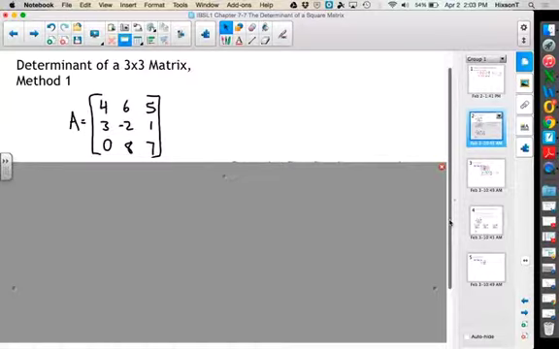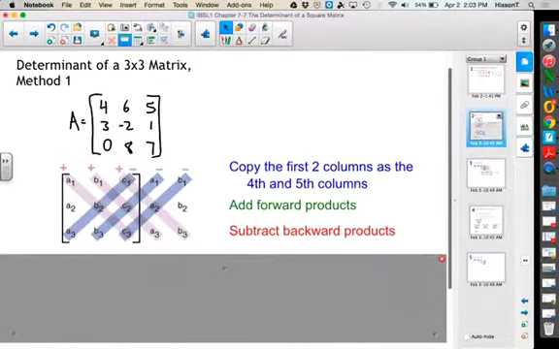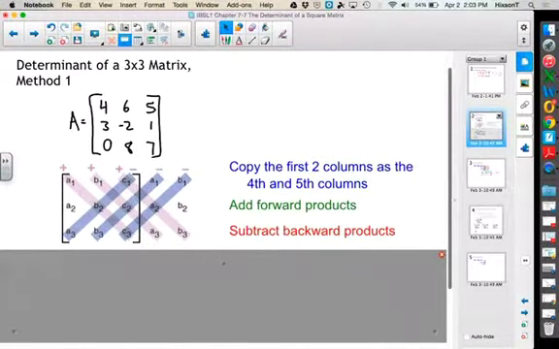In order to find the determinant with this first method, the first thing we're going to do is take these first two columns, 4, 3, 0, and 6, negative 2, 8, and copy them as a fourth and fifth column. Notice this column has A's in it, and we copied it over as a fourth column.